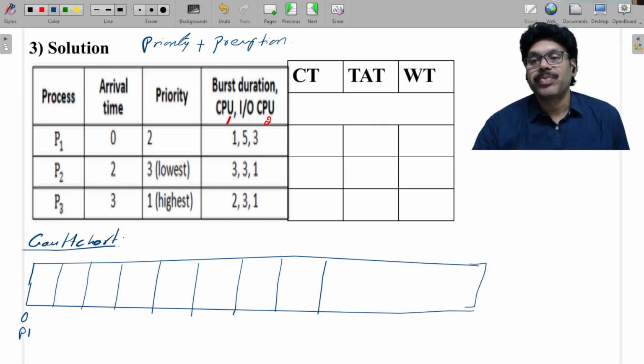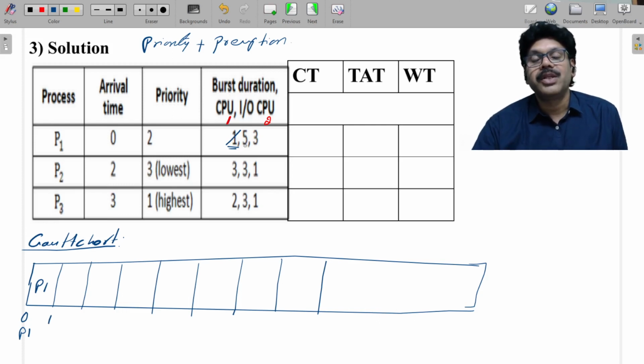So at 0, there is only one process, P1. P1 has entered. Forget about its priority, because only one process is there at time 0. Whenever multiple processes are there, then we cross-check priority. How much time is needed? 1 unit needed, so it executes 1 unit.